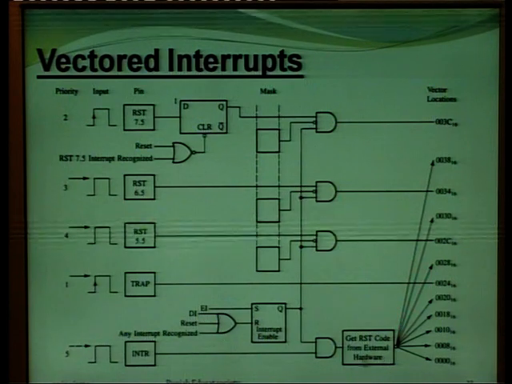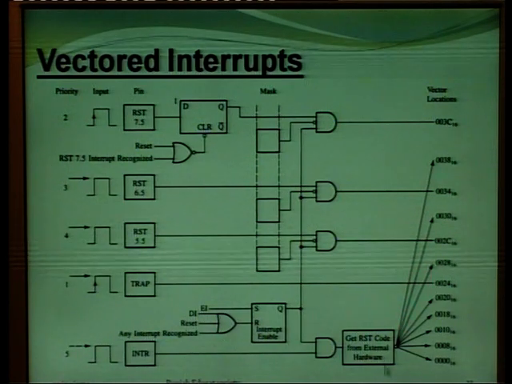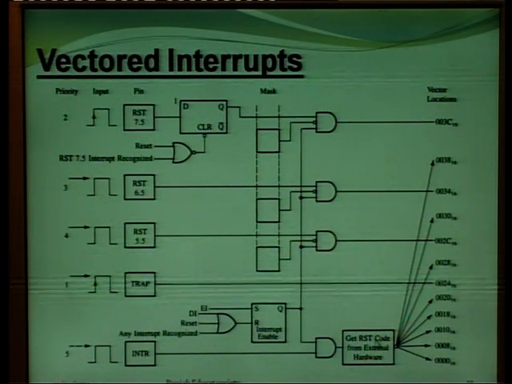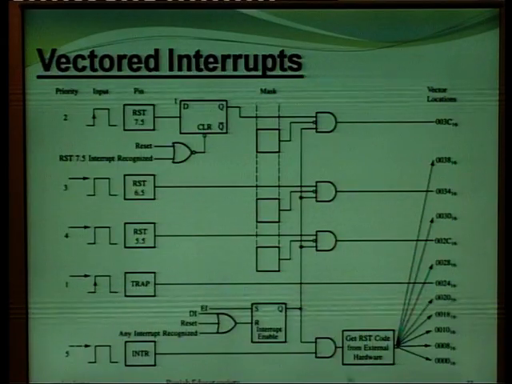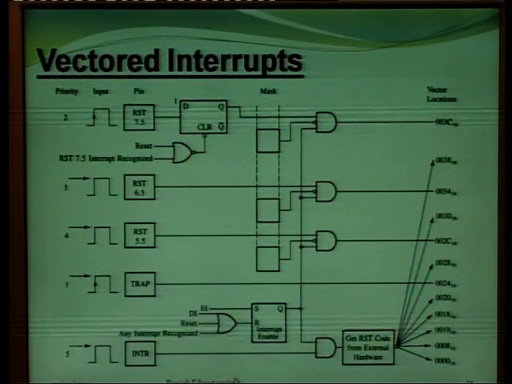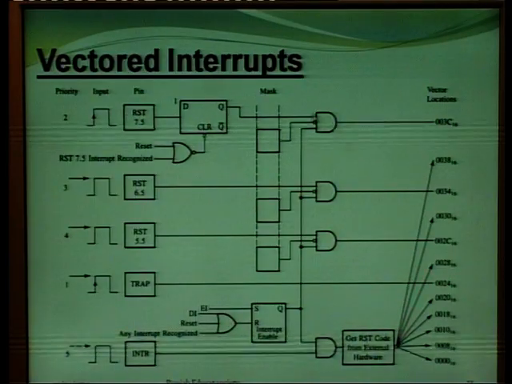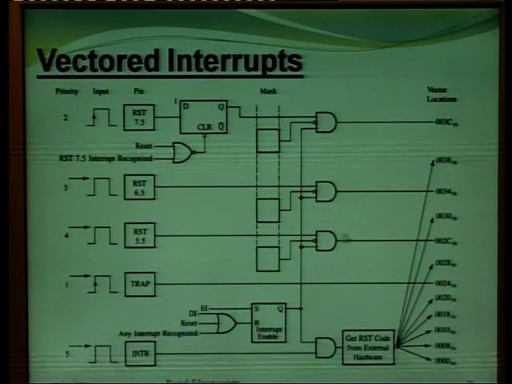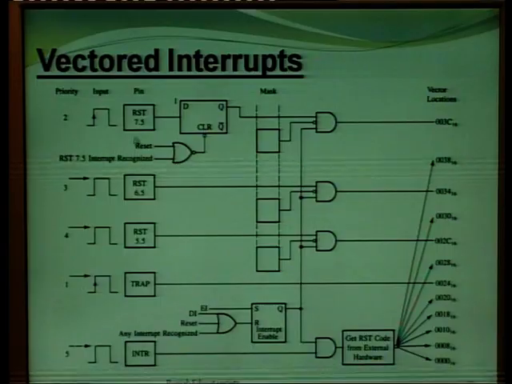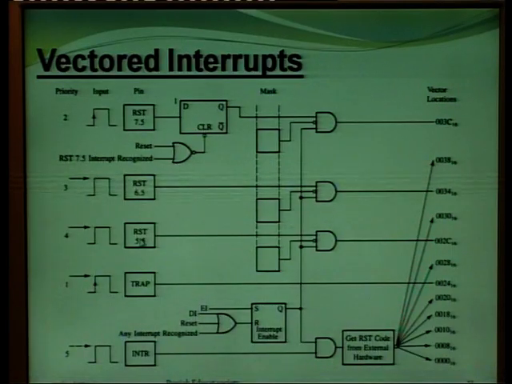For INTR, which is a non-vector interrupt, the ISR address, the vector address, is supplied by the external hardware to the microprocessor. So, there are 2 ways to mask these 3 interrupts, that is 7.5, 6.5 and 5.5, either by masking them or by disabling them.